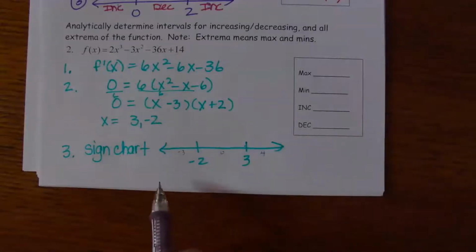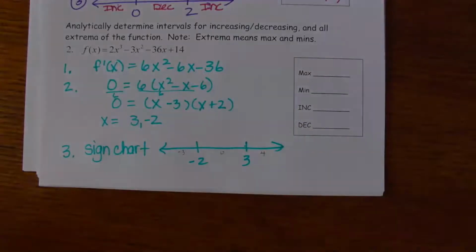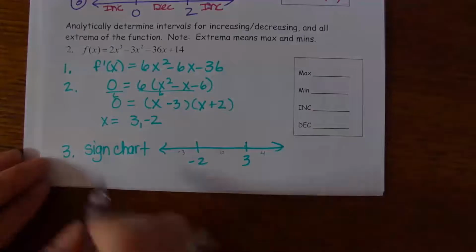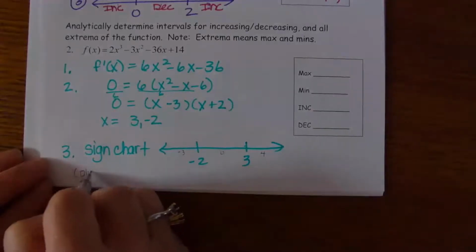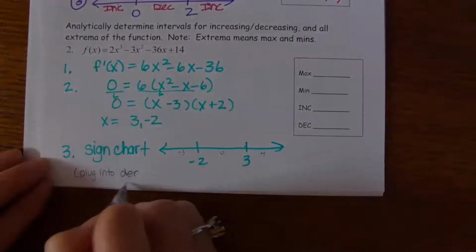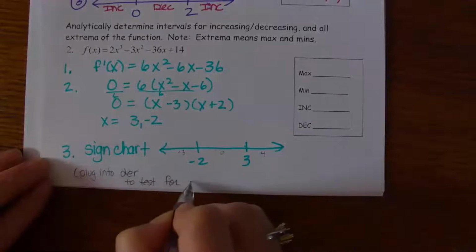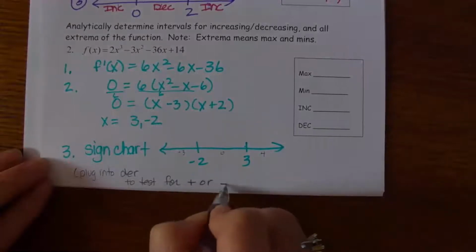Now, where are we going to plug these points in to see if they're positive or negative? Into the derivative. That's a huge difference from yesterday where we plugged into the given. So plug into the derivative to test for positive or negative.